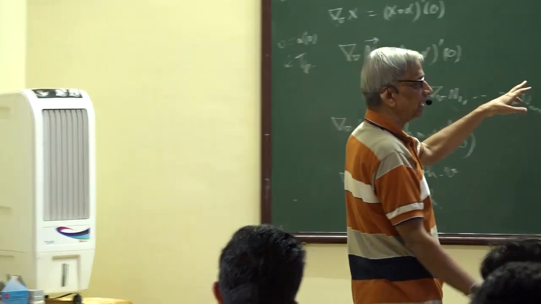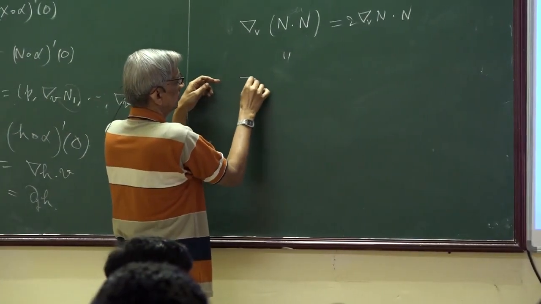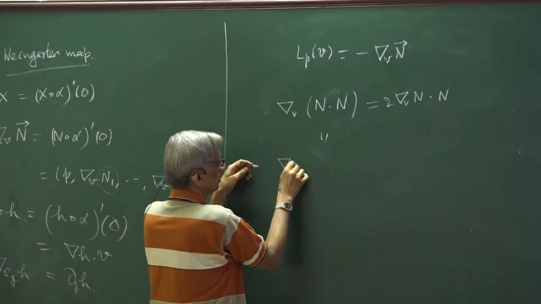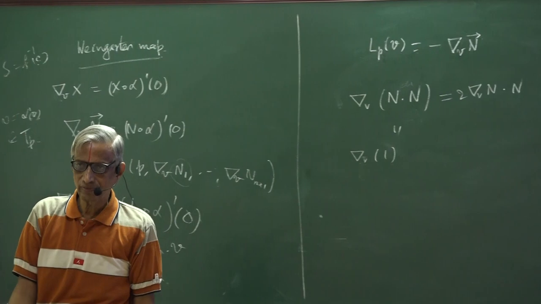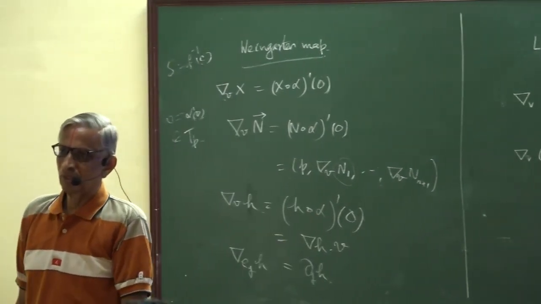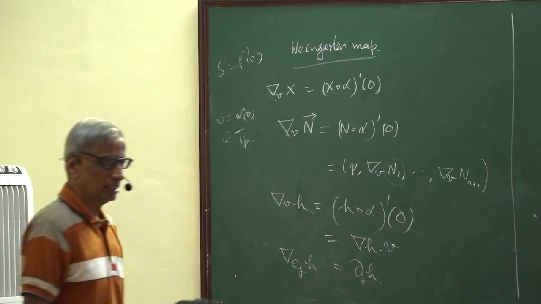So N dot N is 1, the constant function 1. When you differentiate the constant function, you are going to get 0.